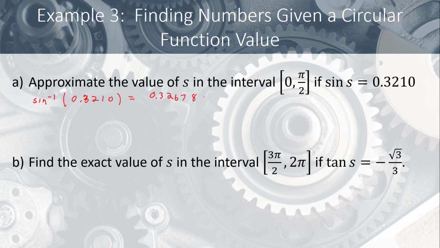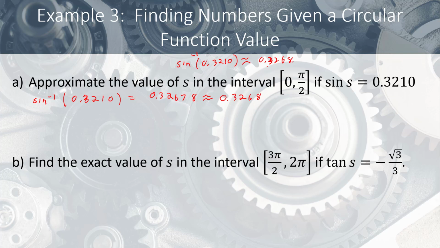So let's look at the fifth. It's greater than 5, so this will round to 0.3268. Now, one of the things I want you to notice here is that the sine of 0.3210, the inverse sine, or the arc sine, is equal to 0.3268.